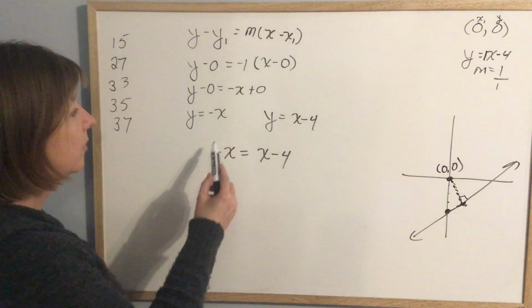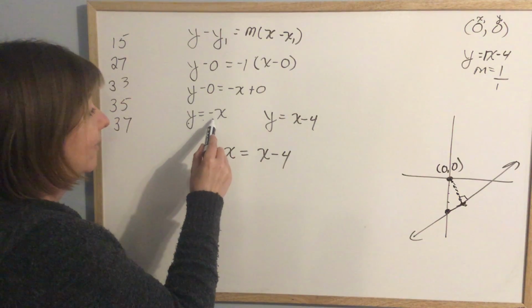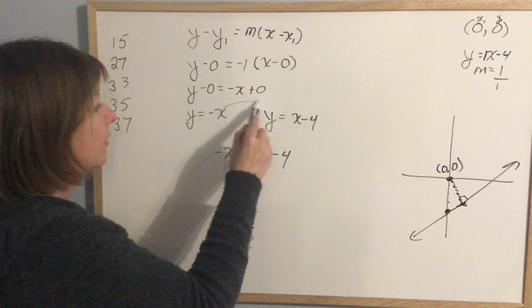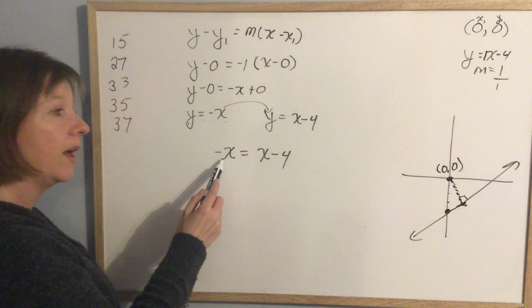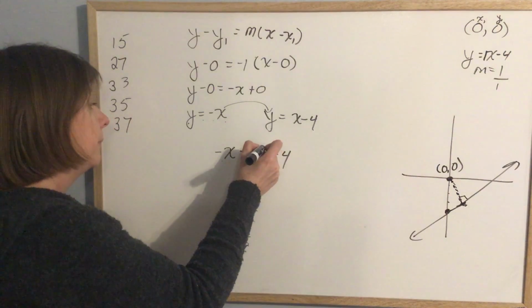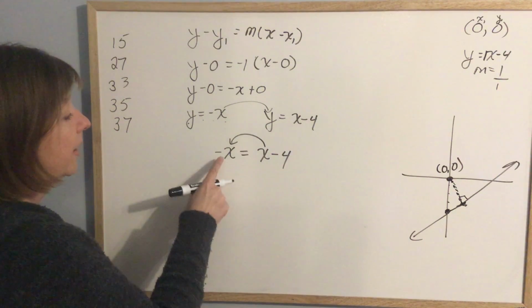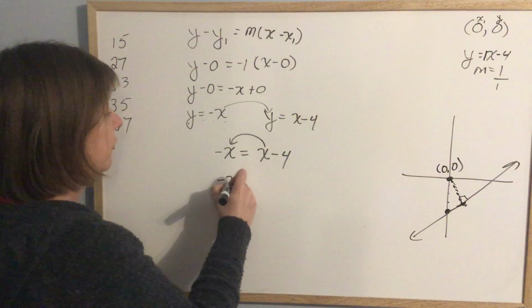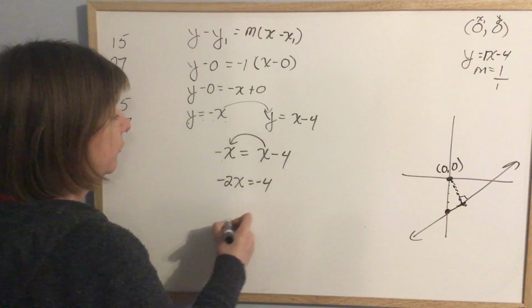It's really just substitution. If y is negative x, I substituted that into here. So I have negative x is equal to x minus 4. If I move this over, I have negative x minus x, which is negative 2x, is negative 4.